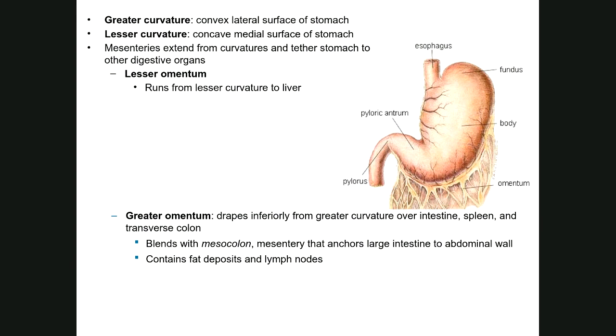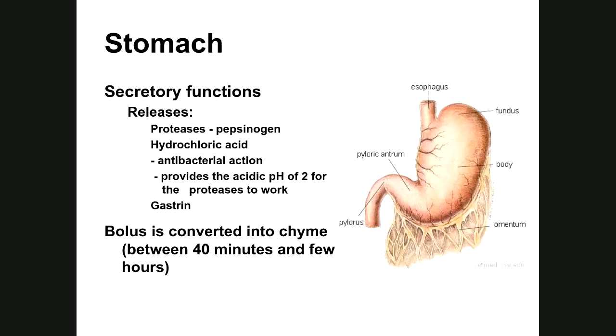The function of the stomach is to release protease, pepsinogens, and HCl, which has antibacterial actions. It produces HCl to provide an acidic pH as low as 2, so the protease can do the work.